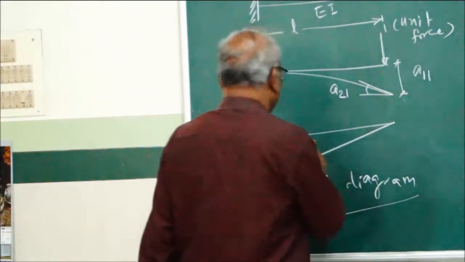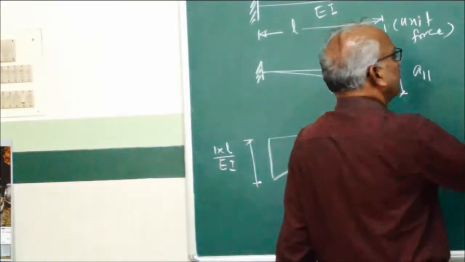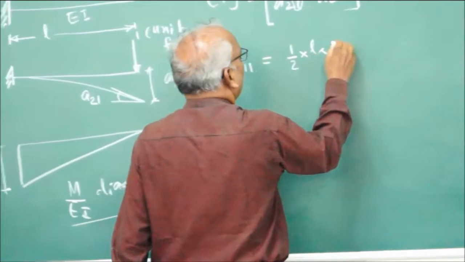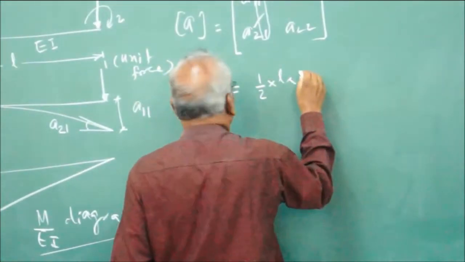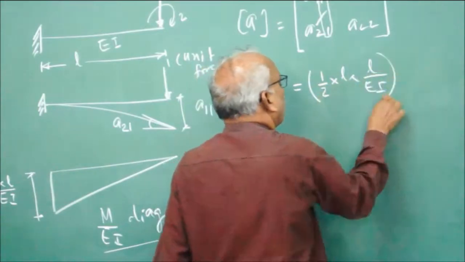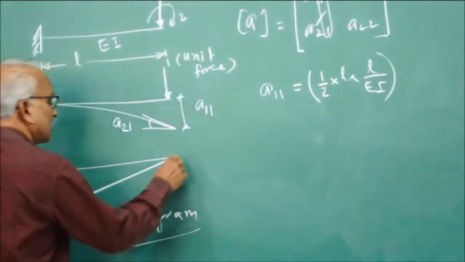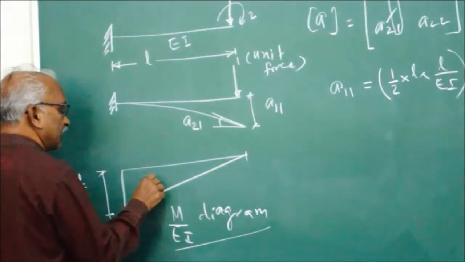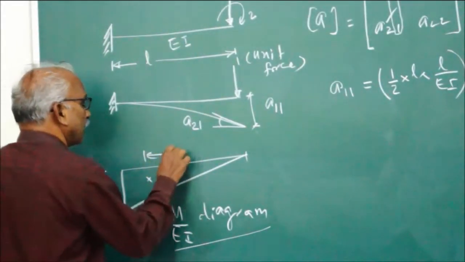So, this is a triangle. So, area of the triangle is equal to half into L into L by EI. Half into L by EI is the area of the triangle into its moment. So, the distance from this center of gravity, we get this is 2/3 L.